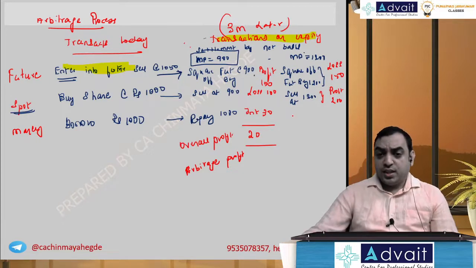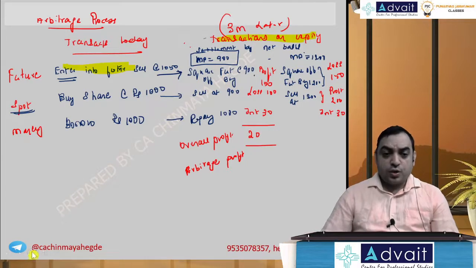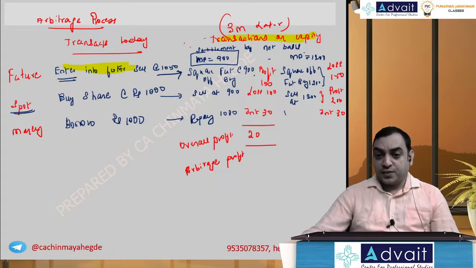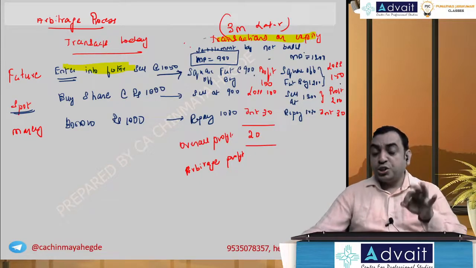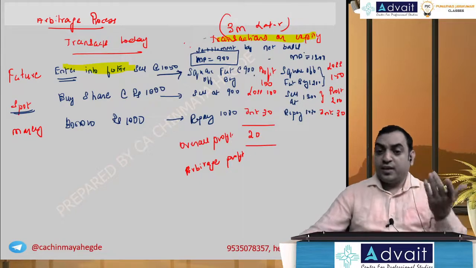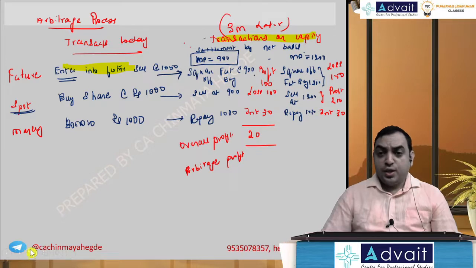And as usual, here also you will pay the same interest cost of 30 rupees. You are going to repay the borrowing along with interest, 1030. So your interest cost is 30. So loss of 150, profit of 200, interest cost of 30. So overall you will have a profit of 20 rupees.